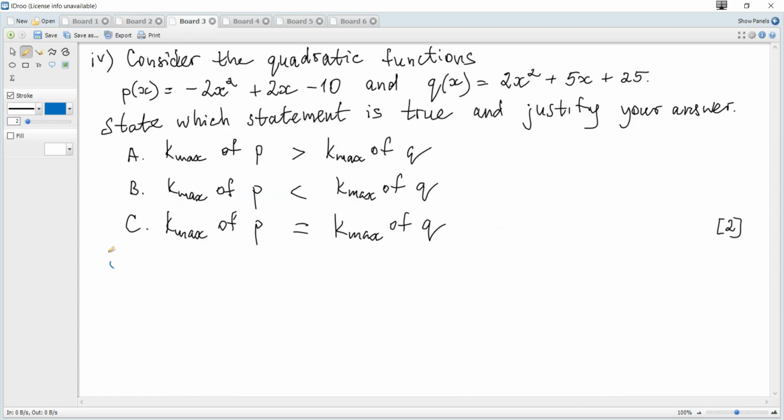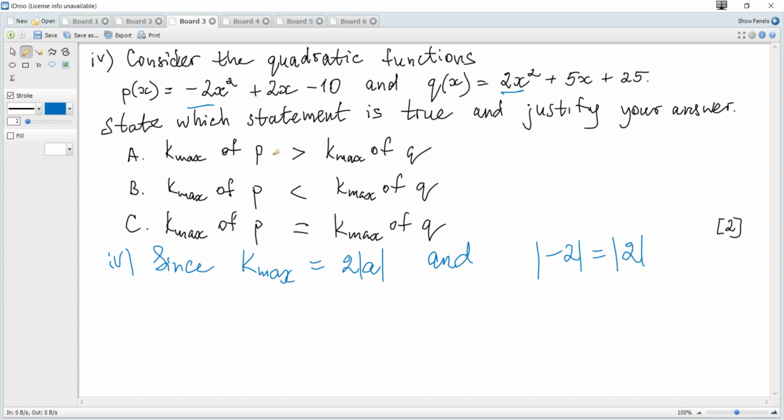So since k max is 2 times the absolute value of a, and a for p is -2 and a for q is 2, the absolute value of -2 is equal to the absolute value of 2.